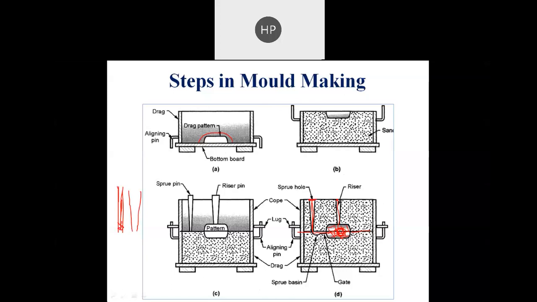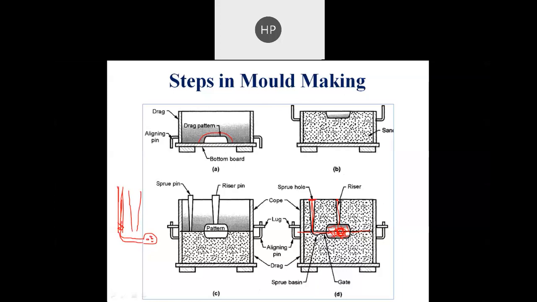That entrapped air with the molten metal will go inside the hollow cavity. Here we have a hollow cavity, and there may be a chance of formation of bubbles due to that air trapped in the molten metal.